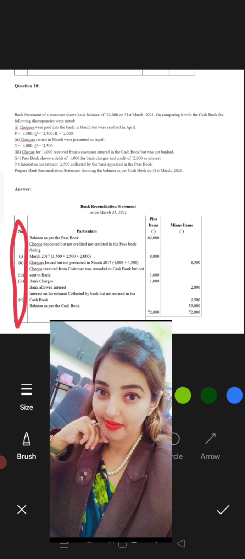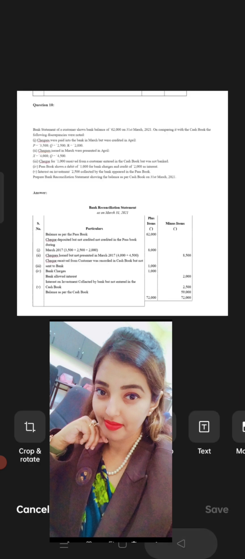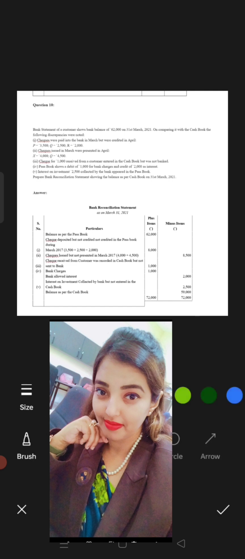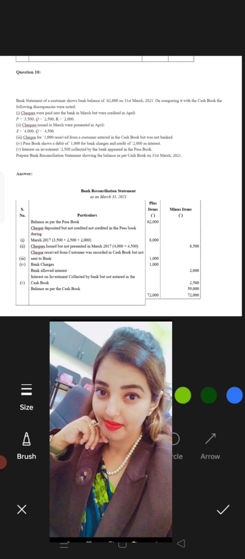So 72,000 minus this amount. So you will do 72,000 minus 8,500, minus 2,000, minus 2,500, then you will be getting a balance of 59,000. This 59,000 you will be recording as balance as per cash book.